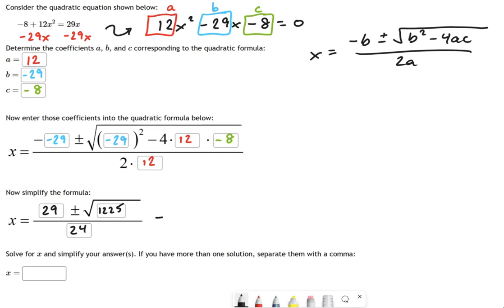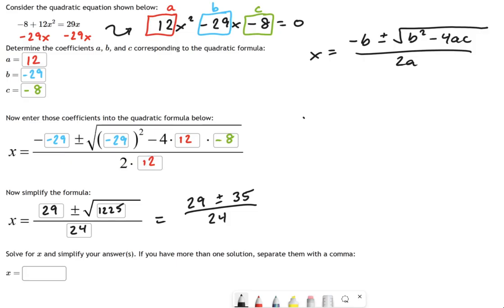Okay, so that's big. And I'm going to need to work on the square root portion of this first. So go ahead and plug into your calculator, what is the square root of 1225? Now, if you have a lucky problem, this will work out just fine, and mine did. This is 35. Okay, 35 squared makes 1225. So I get 29 plus or minus 35 all over 24.